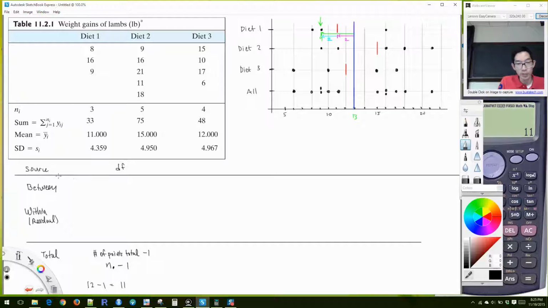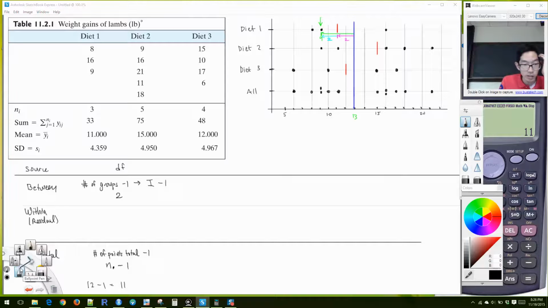The between group variation is basically the number of groups minus 1, which symbolically we write I minus 1. So in our case, how many degrees of freedom do we have here? 2. Maybe I'll draw a pencil line to separate these.